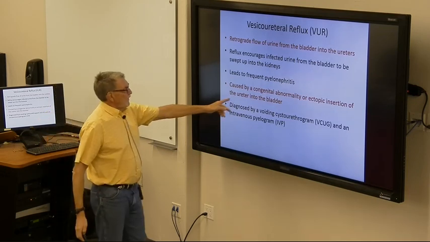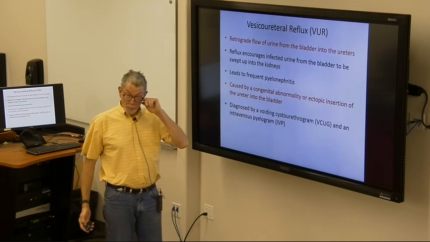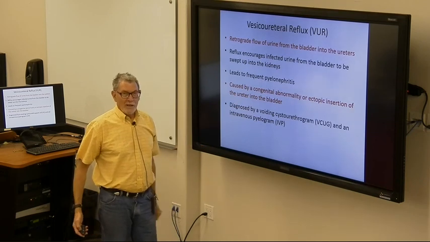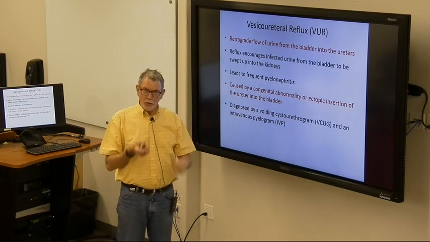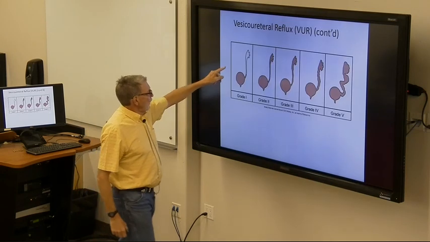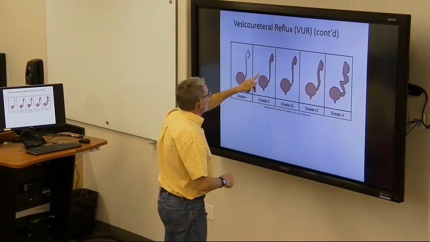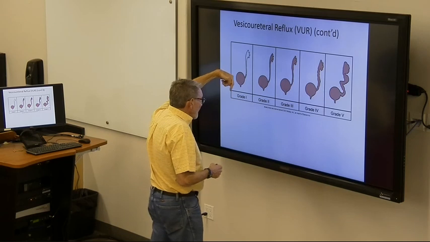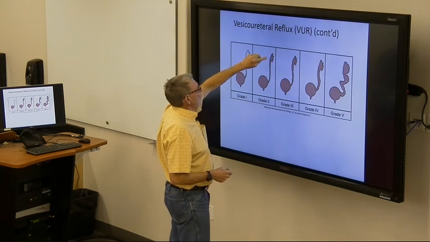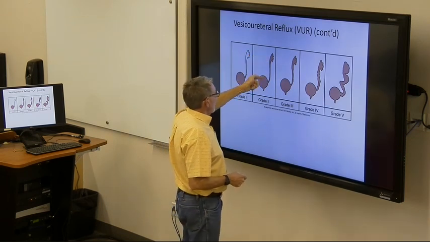Here we have, in this case, a congenital abnormality of the way the ureters come in. So they're supposed to come in kind of around the back and underneath. This is supposed to be the renal pelvis here, so this is taking the urine here.